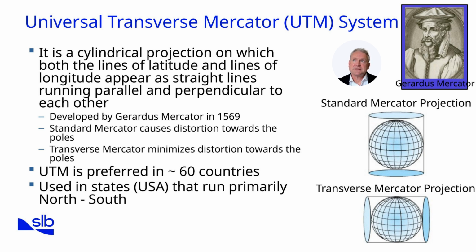For operators, this means you can consistently map assets, plan wells, and share data internationally with minimal confusion. The key takeaway is that UTM provides a balance between global coverage and local precision, which is why it dominates in oil and gas geodesy.